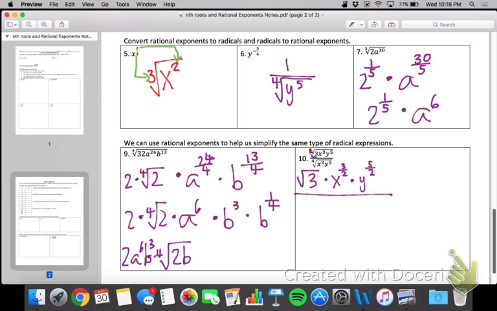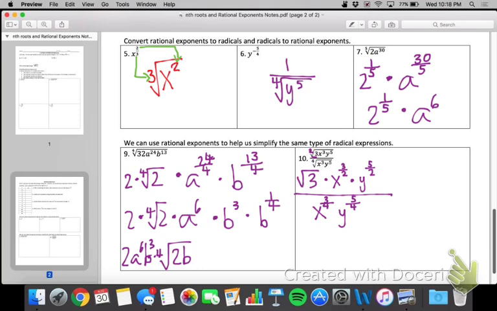So it's the 4th root of x cubed y to the 5th. So the 3 becomes my exponent, and the 4 becomes my denominator. And the same thing with y. So y to the power of 5/4.